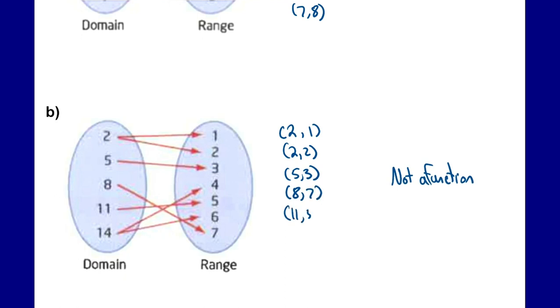We have 11 and 5. 14 and 4. And 14 and 6. So we see 2 instances where we have multiple y values for a given x value. So again, based off this mapping notation, based off the points that we're getting, it is not a function.